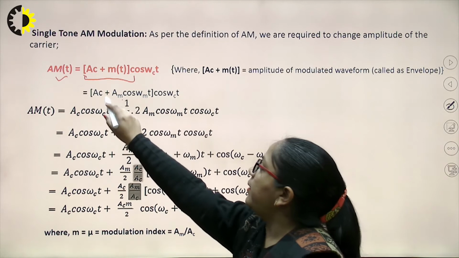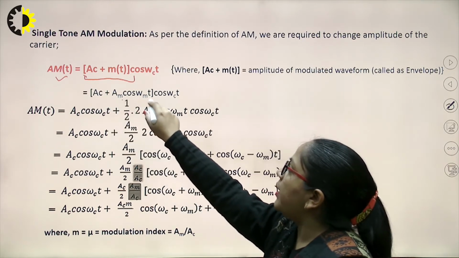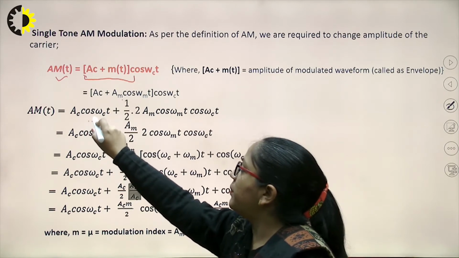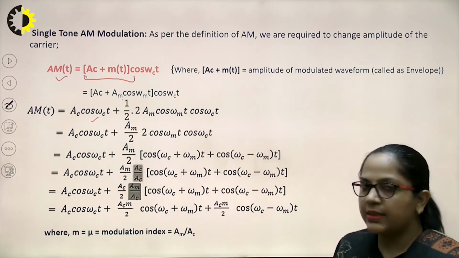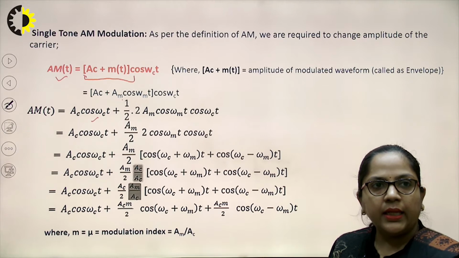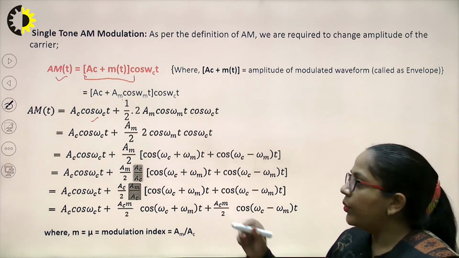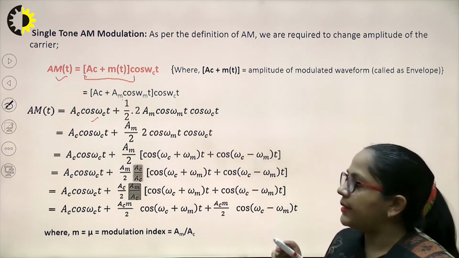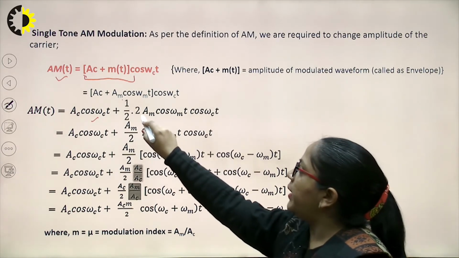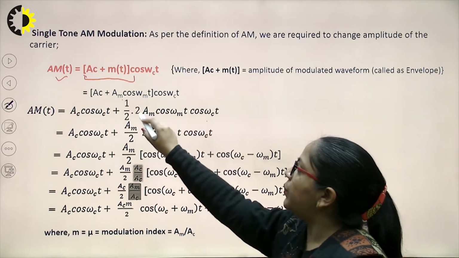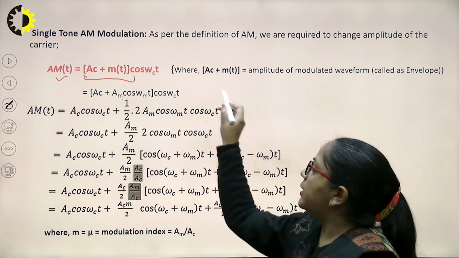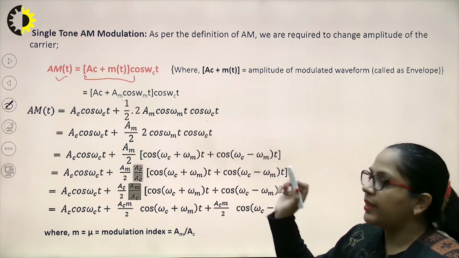In the next step, we are expanding this equation to obtain the expression for the modulated waveform. Multiplying Ac + Am cos ωm t with cos ωc t, we get the first term Ac cos ωc t plus 1/2 into 2 Am cos ωm t cos ωc t. We have multiplied the second term by 2 and divided by 2 to convert it into a different expression.